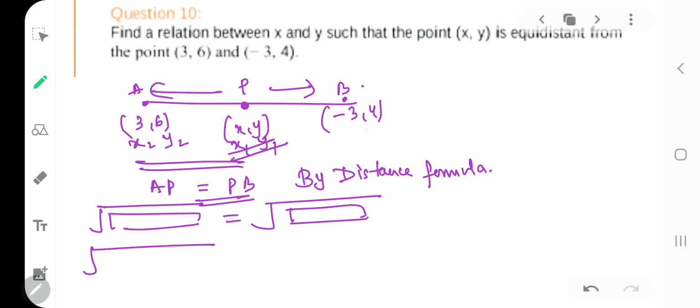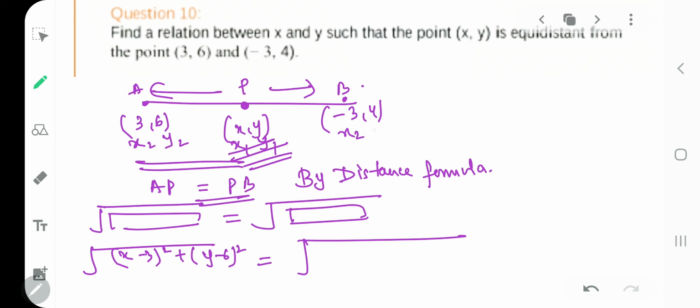Once you put these values, here it will be x minus 3 the whole square plus y minus 6 the whole square. Here on this side, this will be x1, y1 and this will be x2, y2. In that case, it will go x minus minus 3 the whole square plus y minus 4 the whole square. Will that work?